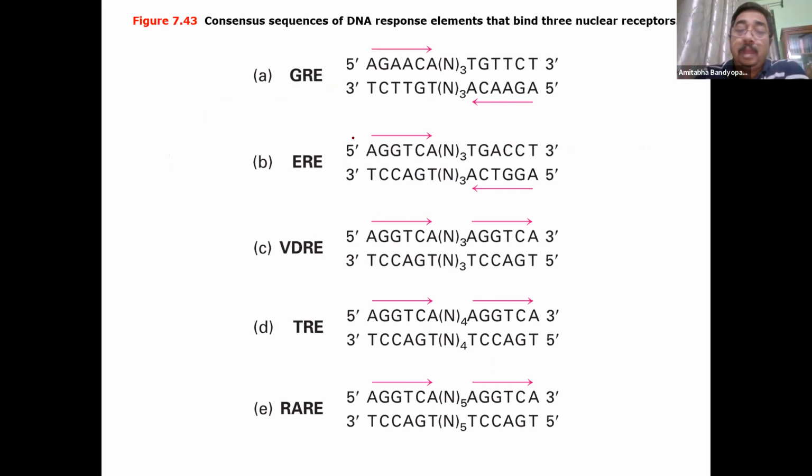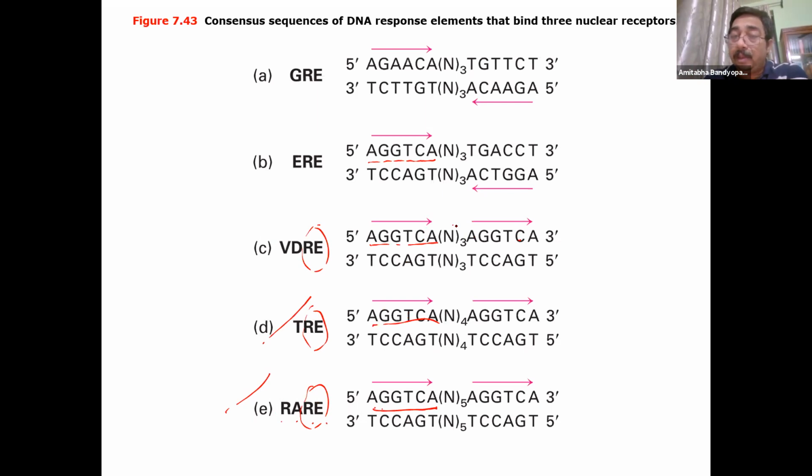You see the retinoic acid response element, RARE, thyroid response element, vitamin D response element, estrogen response element, glucocorticoid. If you look at it, you see that this particular sequence, AGGTCA, is there in all of these. Now, in some cases, there is a direct repeat of that.